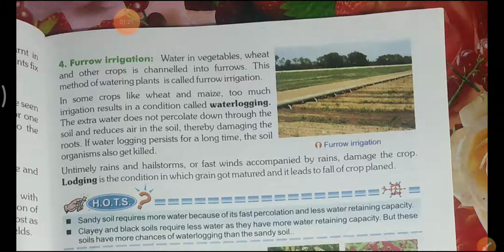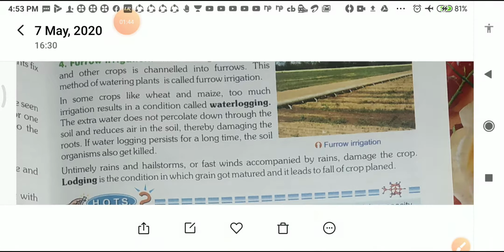That is called furrow irrigation. Water in vegetables, wheat and other crops is channeled into a furrow. This method of watering a plant is called furrow irrigation. Students, this is also a very important method that comes under the modern method. In this way also you can conserve water.